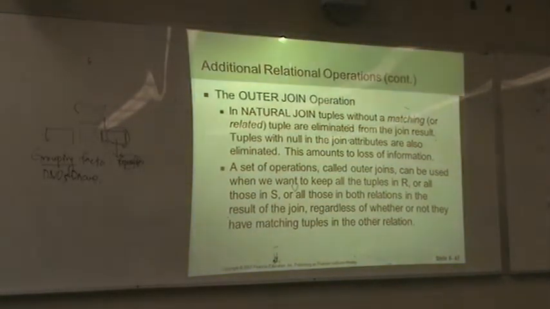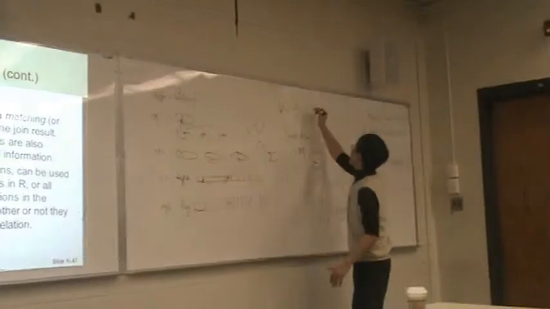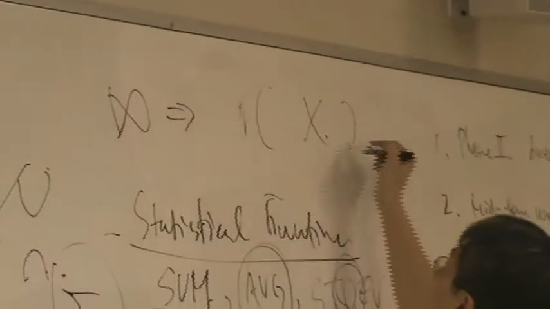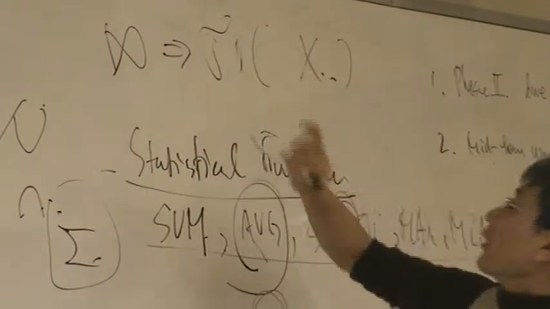Cartesian product. Cartesian product plus condition, selection operation. So join is actually the Cartesian product and selection condition.